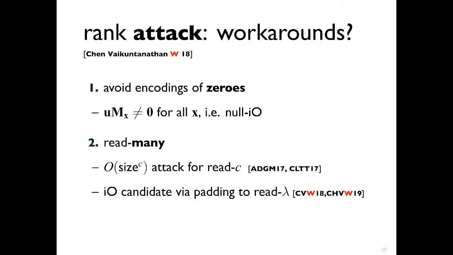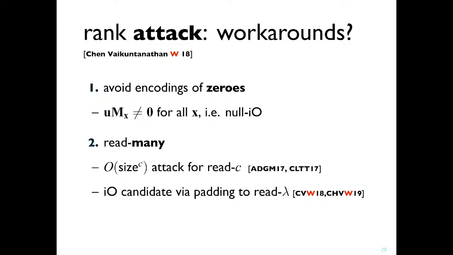This may seem a little bit ad hoc, but in work with Ile, Vino, and Minky, we showed that these attacks are related to what we call matrix PRFs. So whether you can compute a pseudo-random function using read-once branching programs.